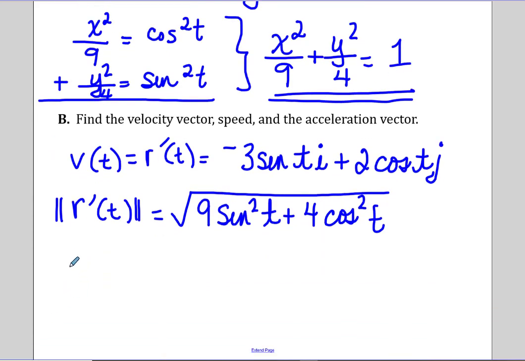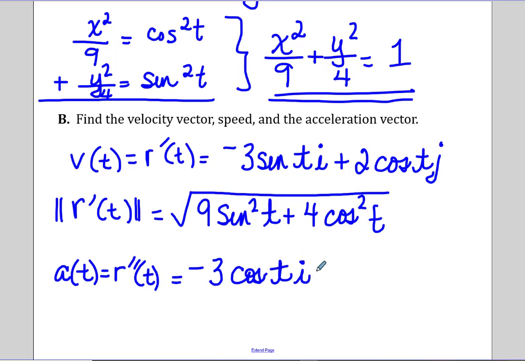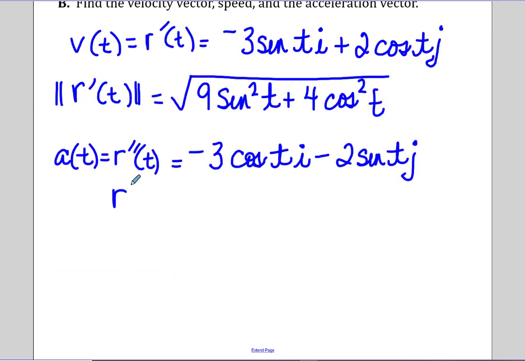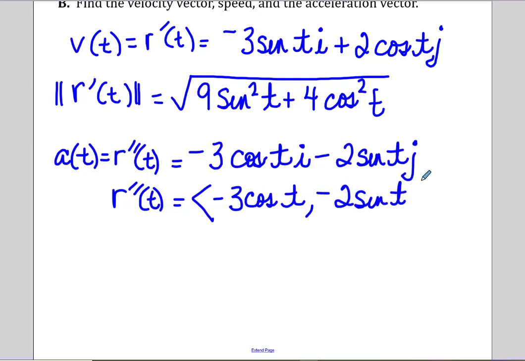And acceleration is going to be the second derivative, r double prime of t, and taking the second derivative here, that's going to be -3 cosine t in the horizontal direction and -2 sine t in the vertical direction. And once again, if you would rather write the component form, you can write it using our brackets like such. So it just depends on which method you prefer, whether you write linear combination or component form.